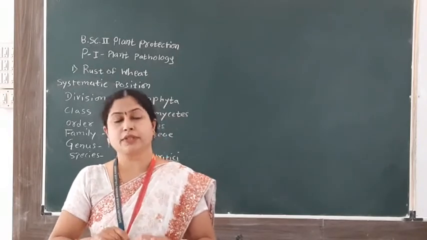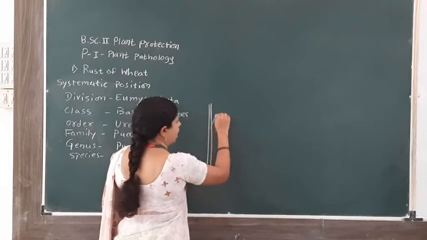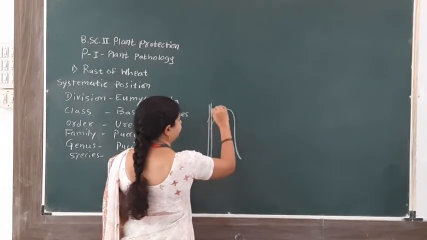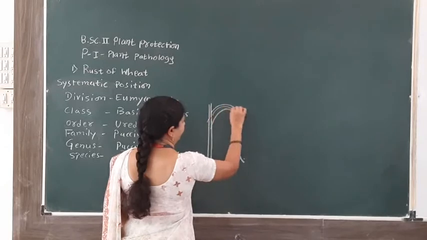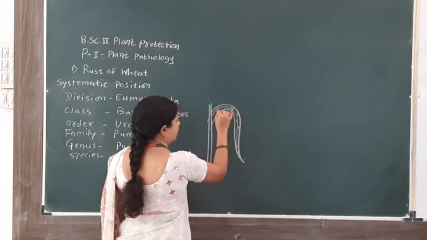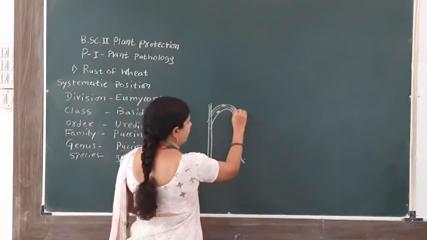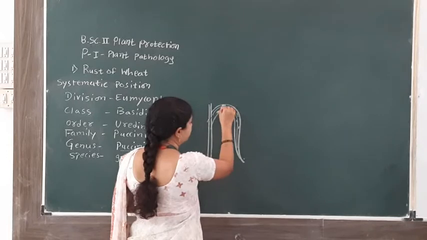Brown colored pustules arise like this on the leaf lamina, like this, that appear like an eruption on the lower side of the leaves.